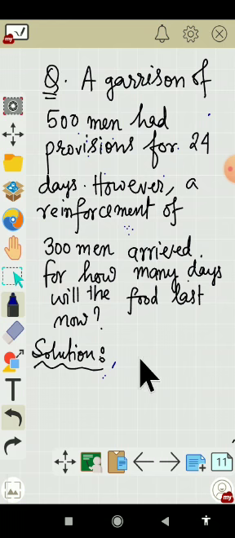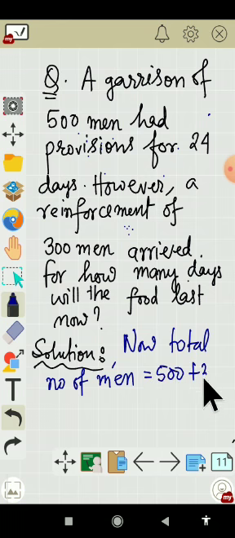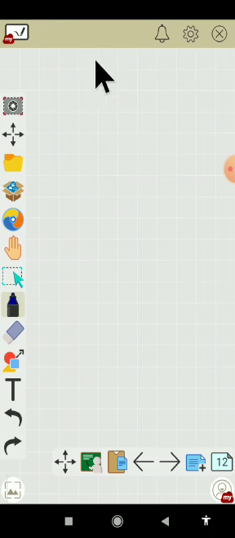So we have to write: now the total number of men equals 500 plus 300 equals 800.